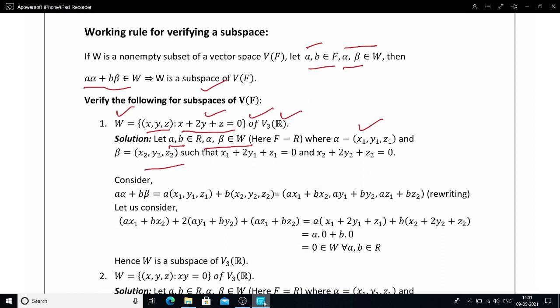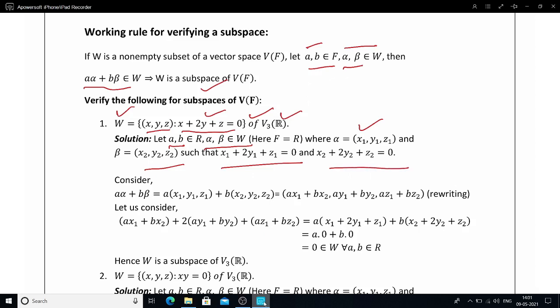Since the condition is first element plus 2 times the second element plus the last element equal to 0, that means x1 plus 2y1 plus z1 equal to 0, and x2 plus 2y2 plus z2 equal to 0.